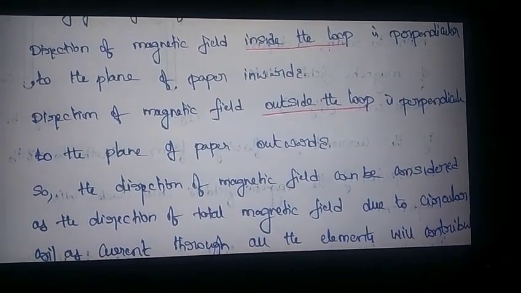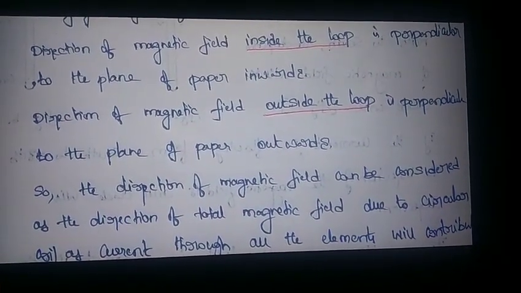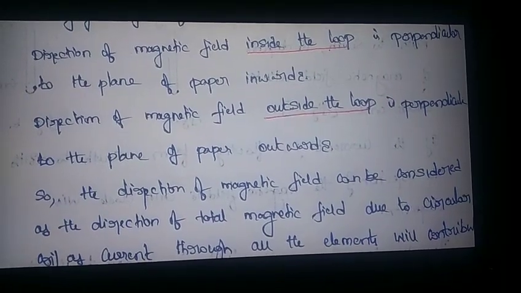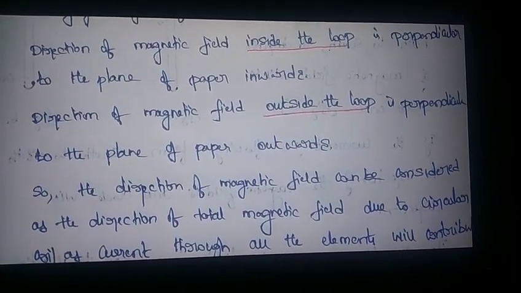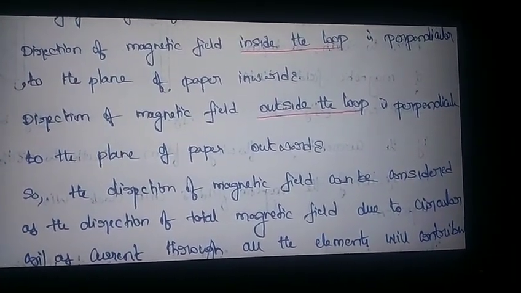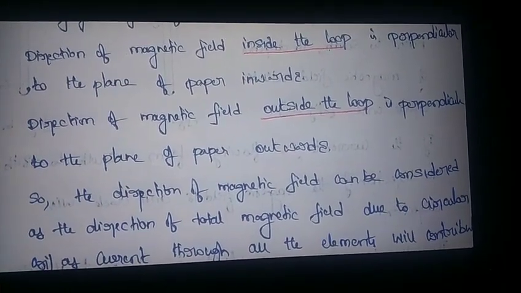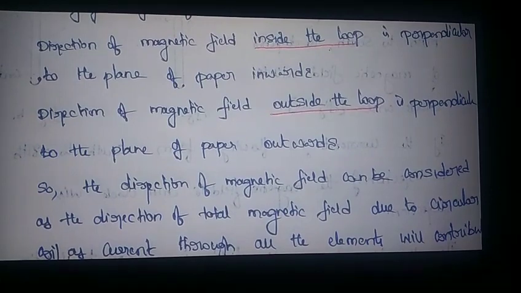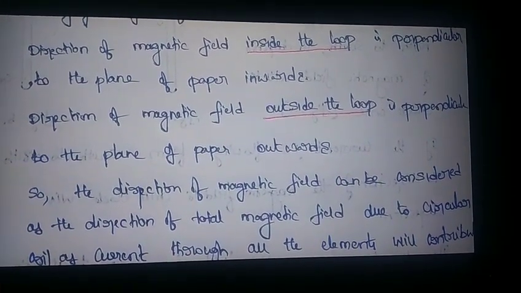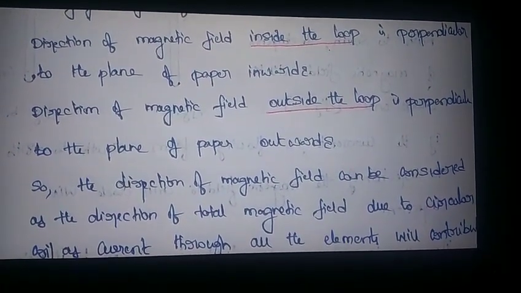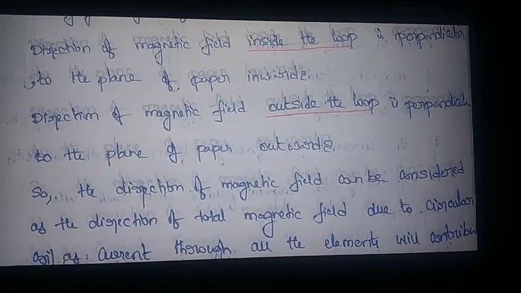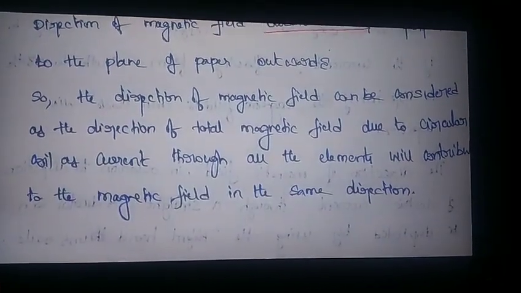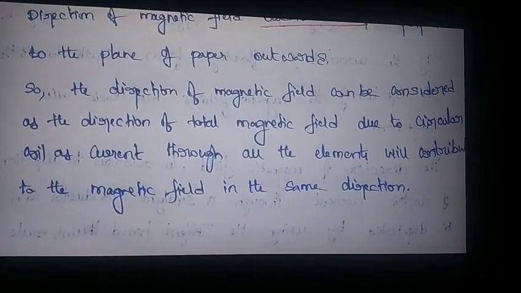So the direction of the total magnetic field due to a circular coil is the same, as the current through all the elements contributes to the magnetic field in the same direction.